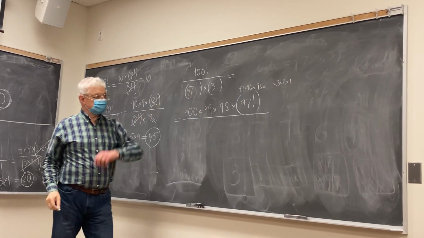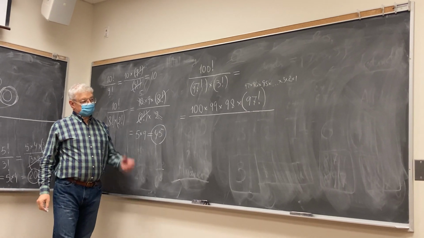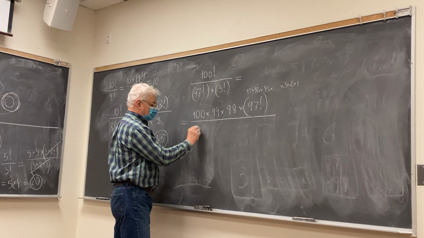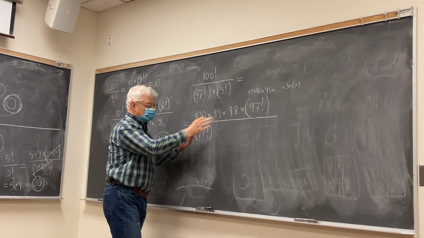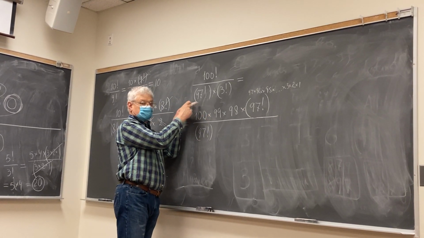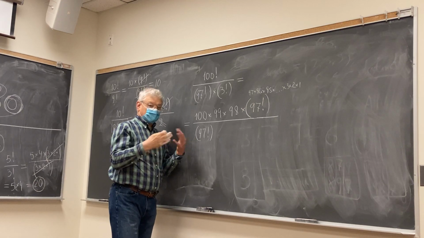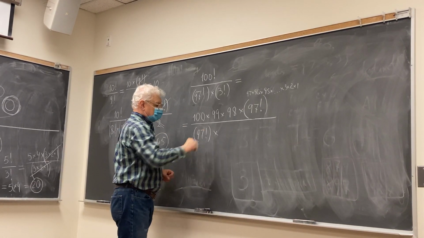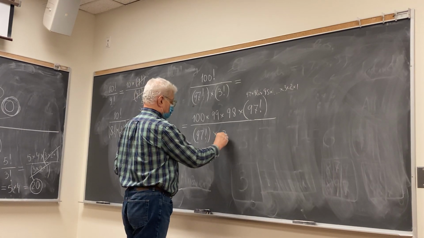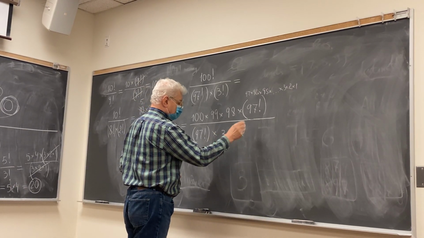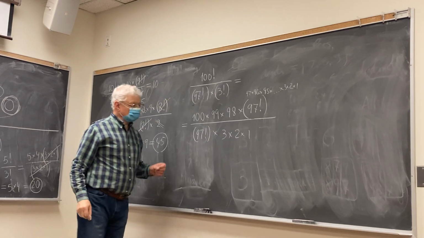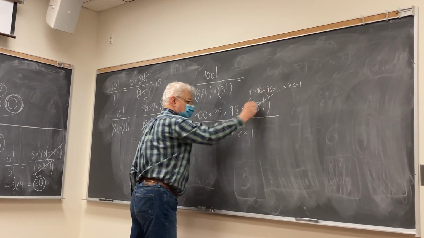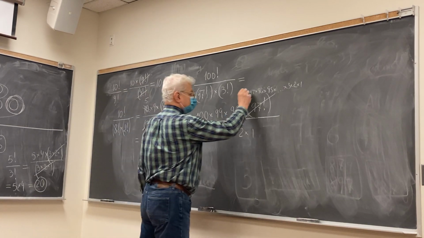Instead of that, I just use this short notation, 97 factorial. Why did I do this? Because I saw 97 factorial in the denominator, and I have a chance to get rid of it immediately. Times 3, 2, and 1. I also don't want to write 6. Now you see 97 factorial cancelled out.